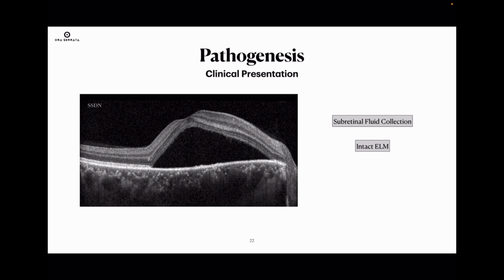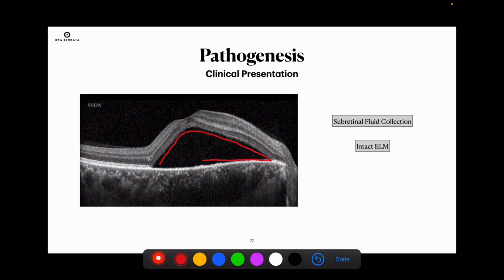Also, there is an important component of diabetic macular edema that we should understand. In diseases like central serous chorioretinopathy, the fluid is limited to the subretinal space, as you can see here. Why does that happen? Why does it not go into the intraretinal layers?